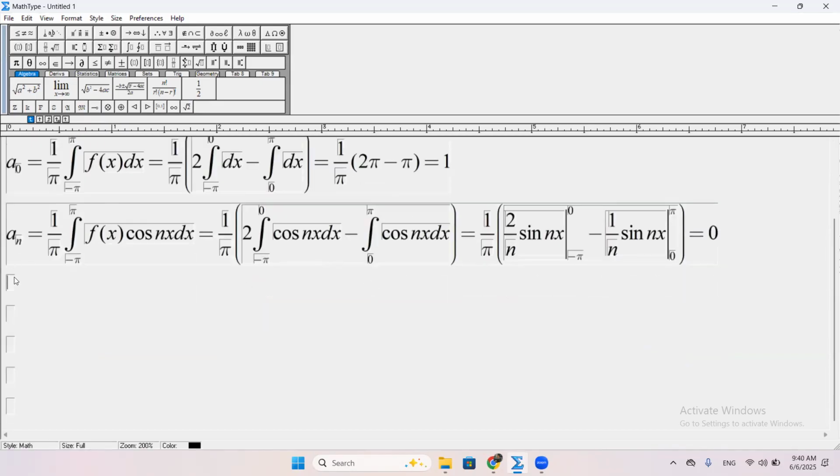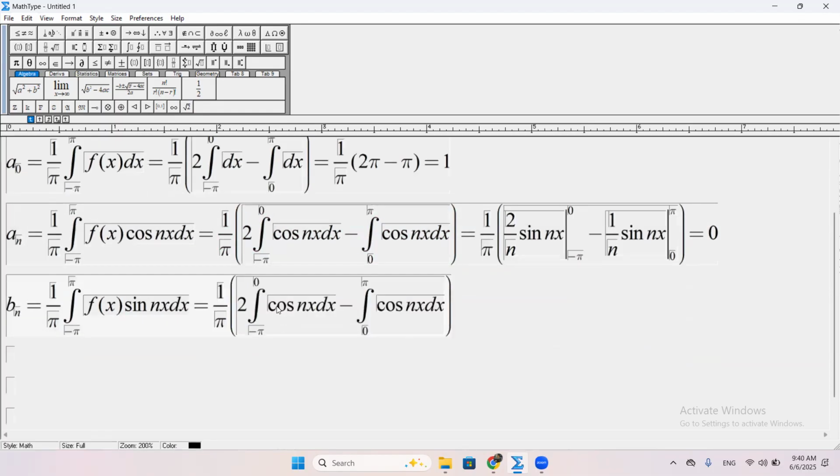Now let's calculate bn. Let me copy and paste it, and then correctly write down all expressions. So sine of nx dx. Okay, and now let's calculate.